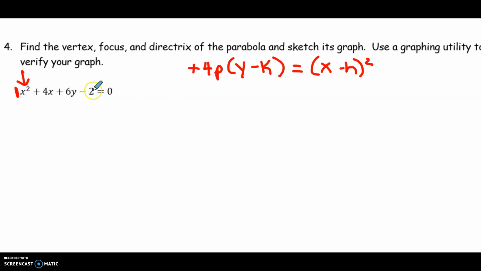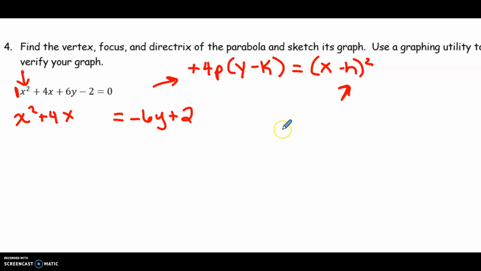Okay, so what do I need to do? I need to force this problem into this form. So I'm going to keep x squared plus 4x on this side. I'm going to now subtract the 6y over and add the 2 over so that it cancels on that side. And now I'm ready to complete the square so that I get the perfect square trinomial, so I can finally factor it to identical factors.